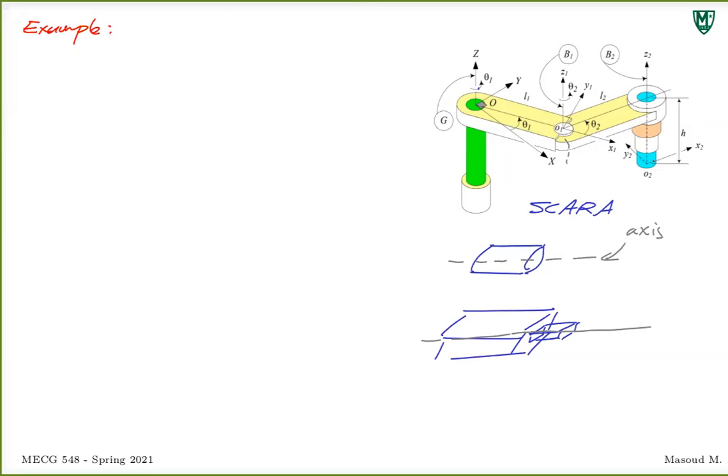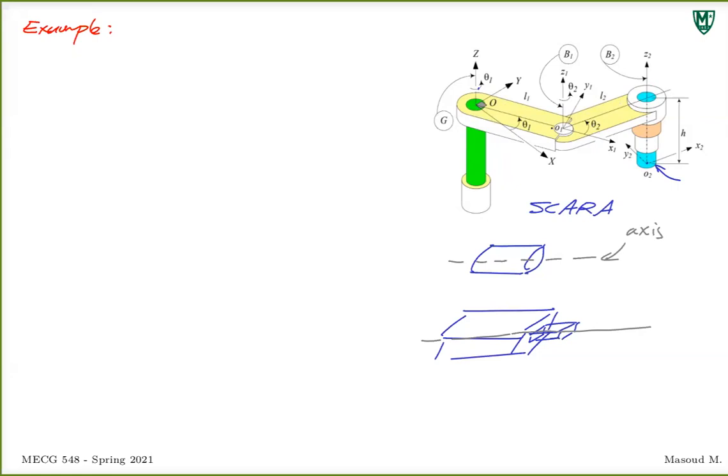Now, what we want to do is use what we've learned, right? We want to know this point O2, all the way at the end right here. Now, that's where, typically in a robotic arm, your end effector gets attached, right? If this is supposed to grab something from somewhere and put it somewhere else, that gripper is attached to this point.